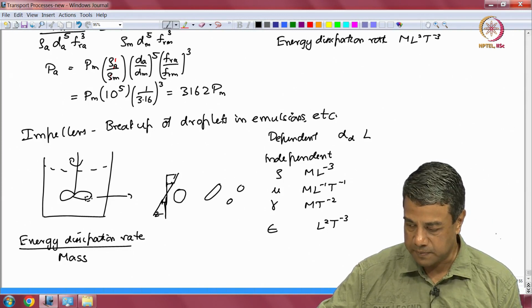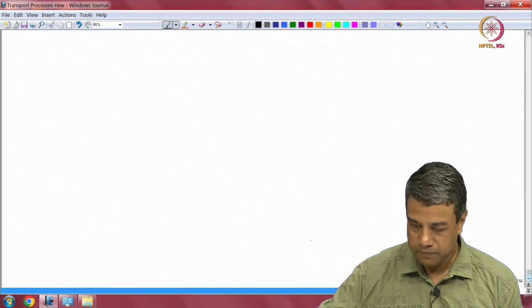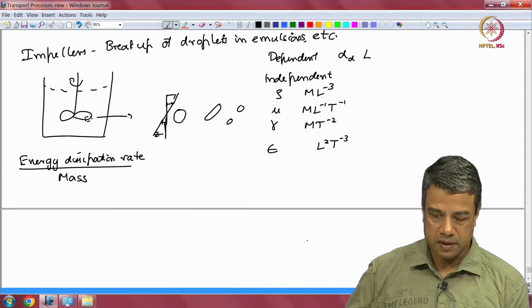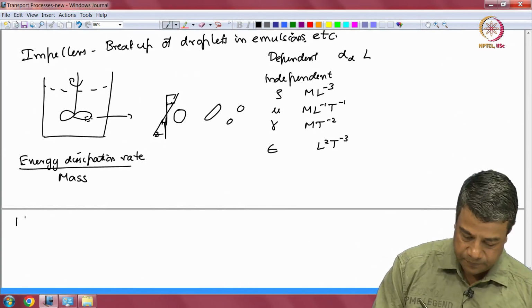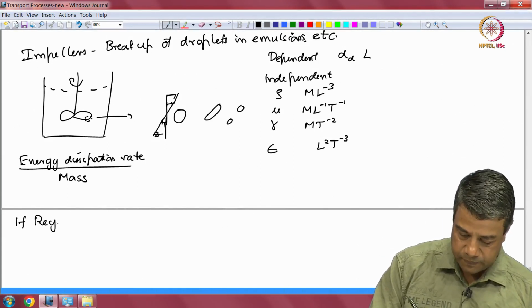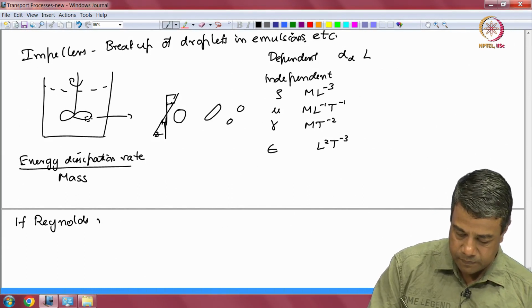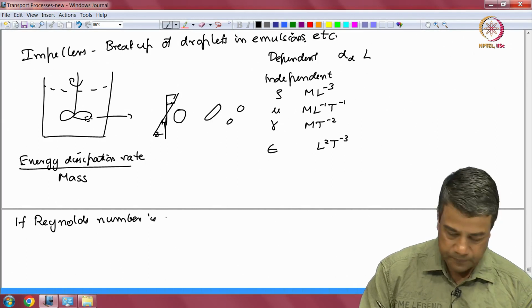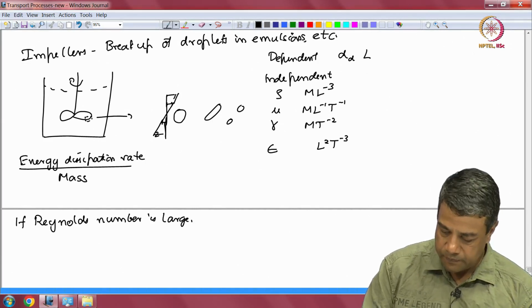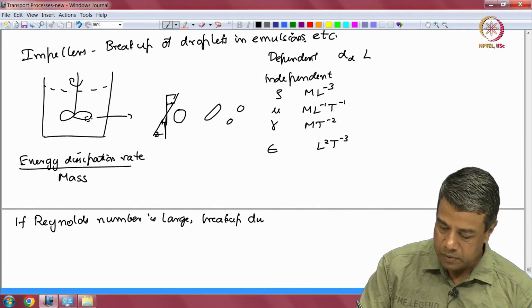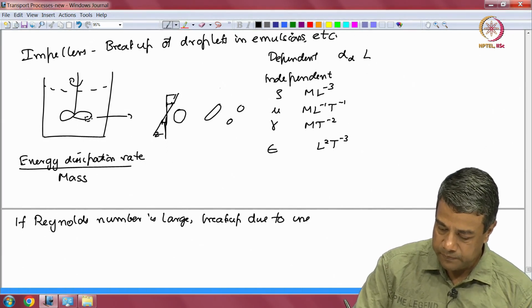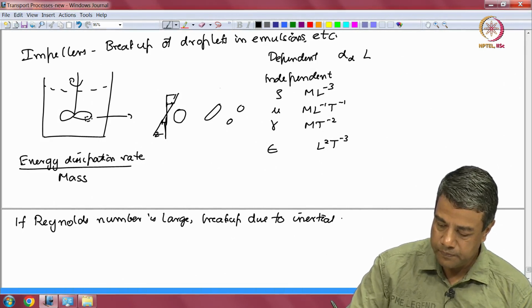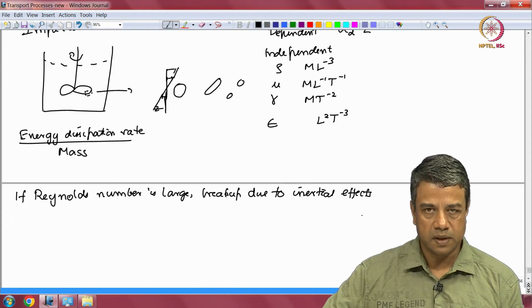If the Reynolds number is large, breakup will be due to inertial effects.